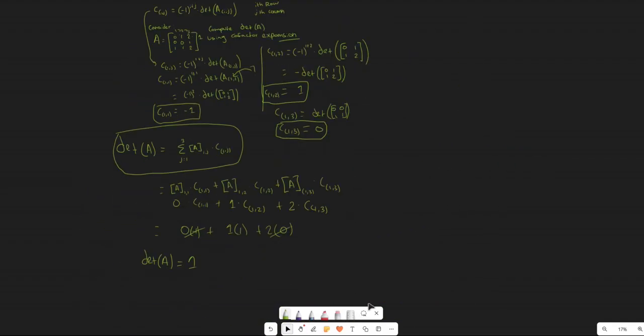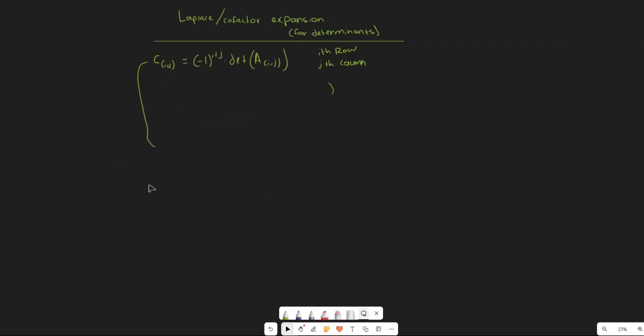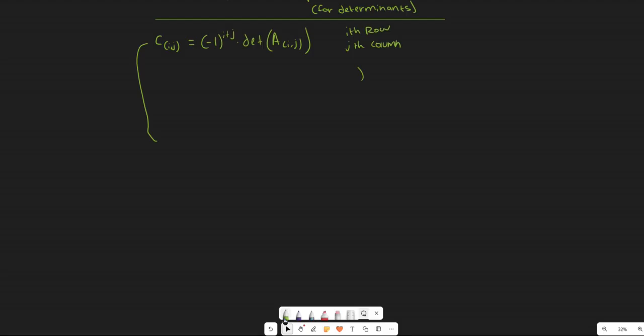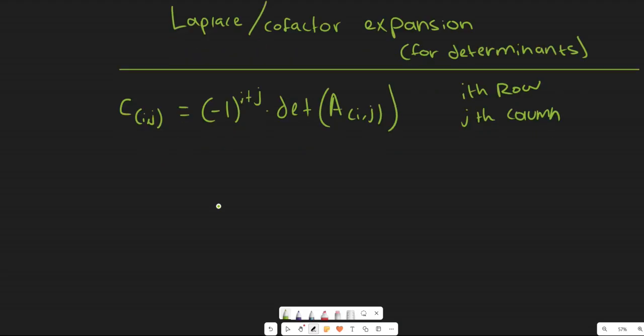Now I'm just going to go through one more practice example, and that should hopefully really summarize it well for you guys. So let me just go ahead and clear this out. Now I'll write the formulas once again. Basically the determinant of a particular matrix A is just going to be the sum from j equals 1 to n, whatever the dimension, like if it's a 3 by 3, 4 by 4, 2 by 2 matrix, whatever, that's what the n is.